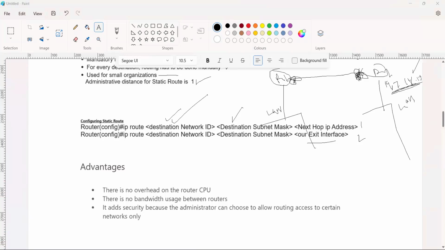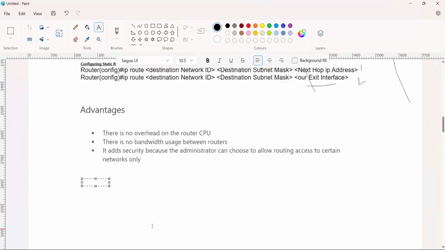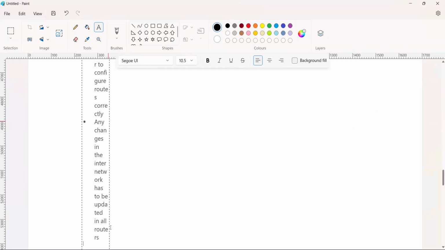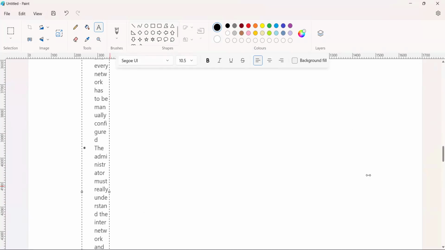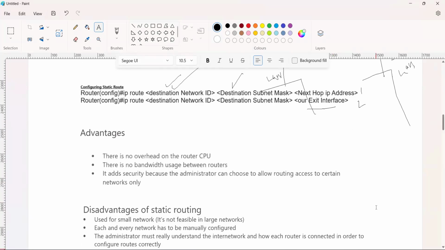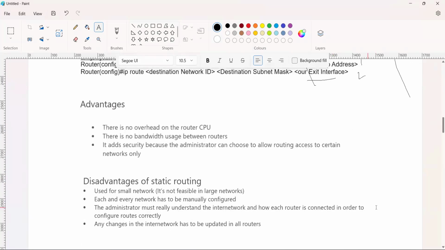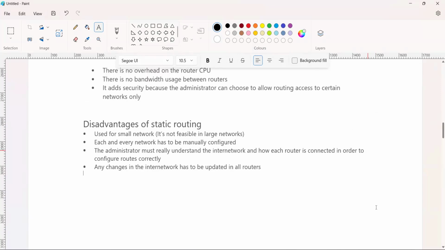And some disadvantages we also have. It is used for small networks, not for large networks.